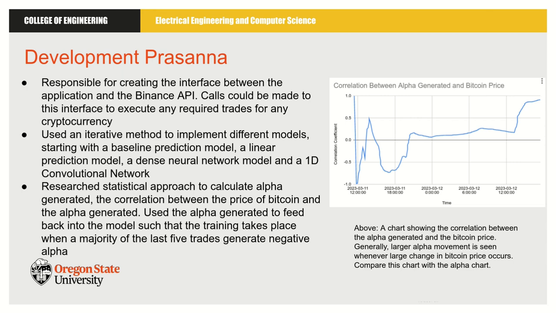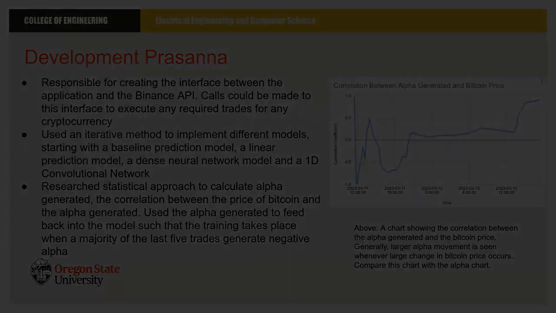In my project, I used the alpha generated to feed back into the model such that the training takes place when a majority of the last 5 trades generate negative alpha. And therefore, whenever the bot is performing poorly, we tell it to retrain itself.